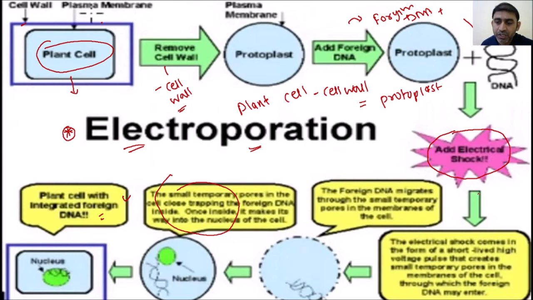This electric shock comes in the form of a short, high voltage pulse that can create a small number of temporary pores in the cell membrane through which the foreign DNA is introduced. Like we saw in the heat shock method, at a temperature of 42 degrees the pores are created in the wall so that the foreign DNA is introduced. So like that, this method, electroporation, is used. So remember this also.